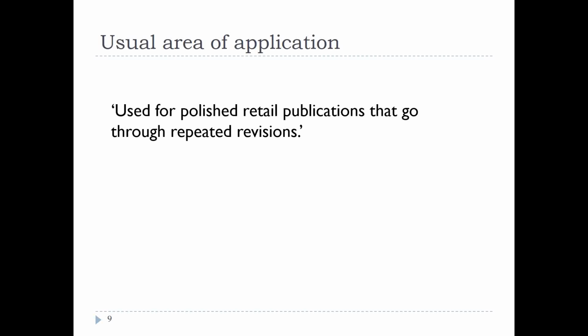So where's this used? I referred briefly a few minutes ago to material that did not go through repeated revision or did not contain large amounts of repeated material. That was for human translation.